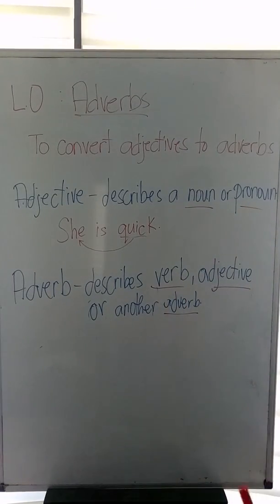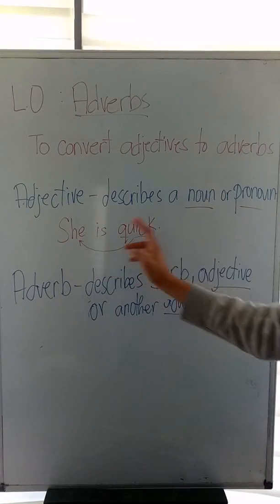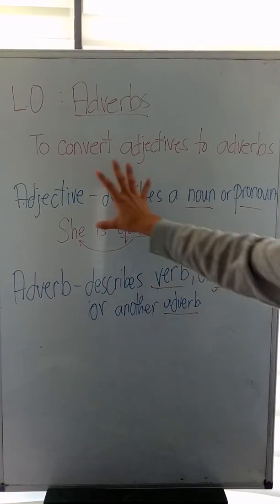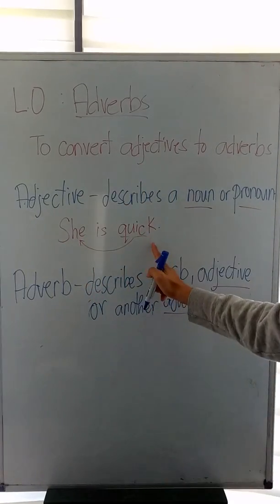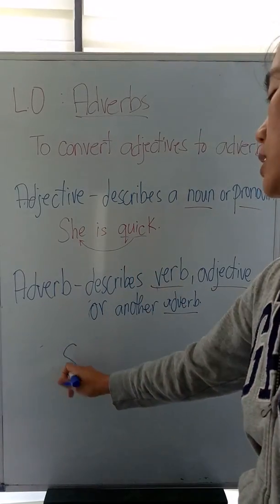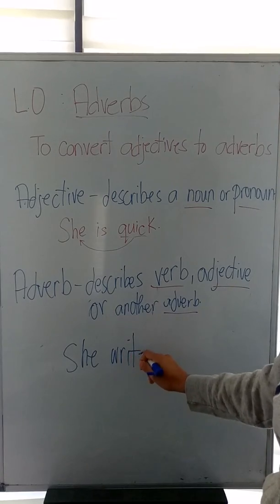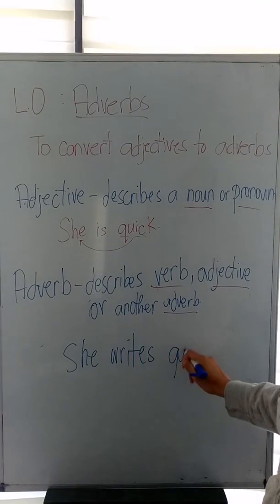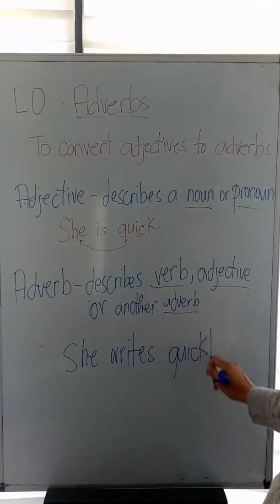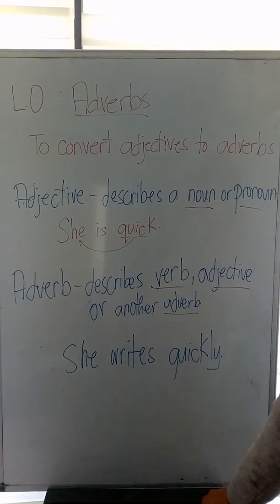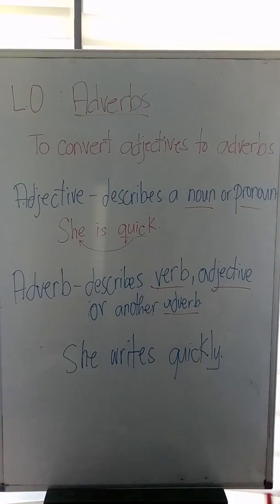Okay, for example, this sentence, she's quick, that's for adjective, but let's use she writes quickly. So in this sentence we have she writes quickly.